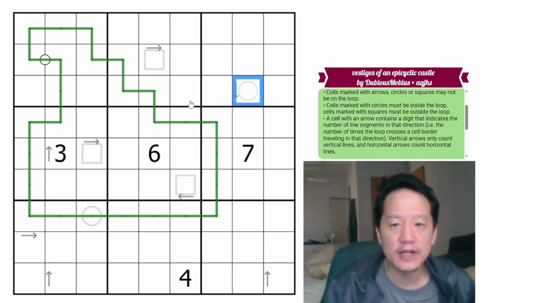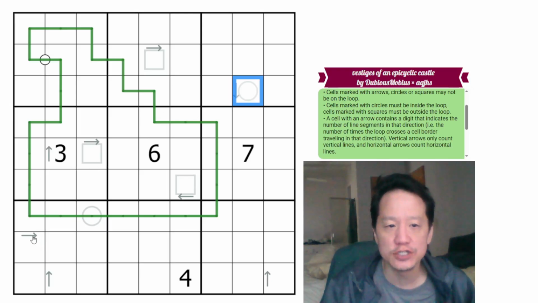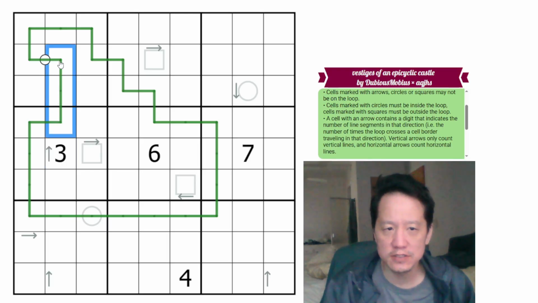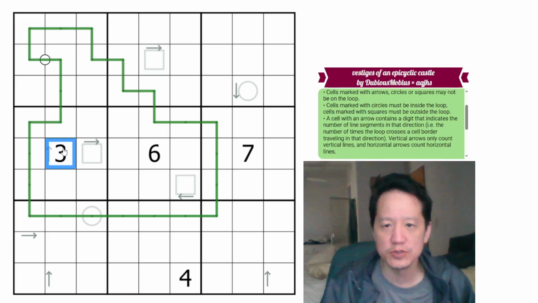A cell with an arrow contains a digit that indicates the number of line segments in that direction. That is the number of times the loop crosses a cell border traveling in that direction. Okay, so this is not correct because vertical arrows only count vertical lines and horizontal arrows count horizontal lines.